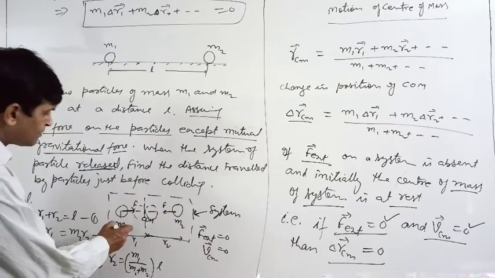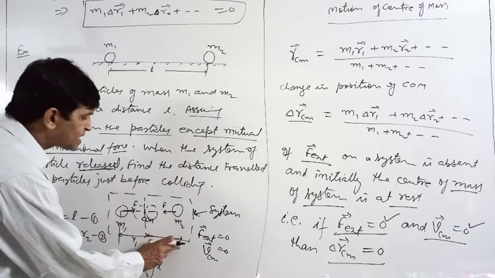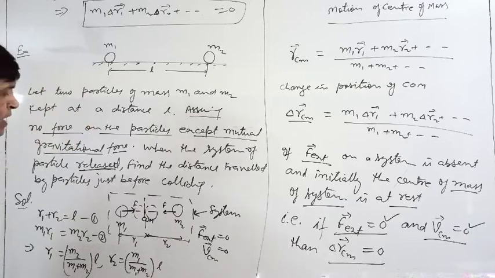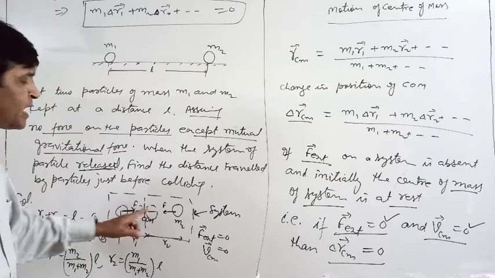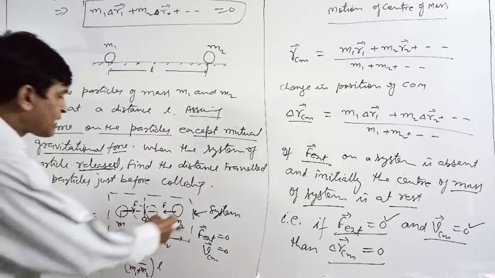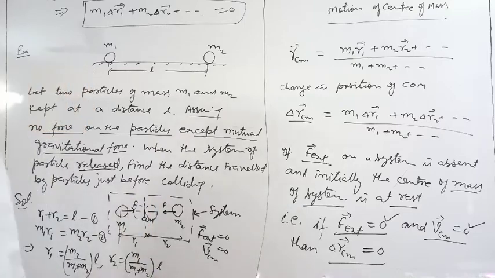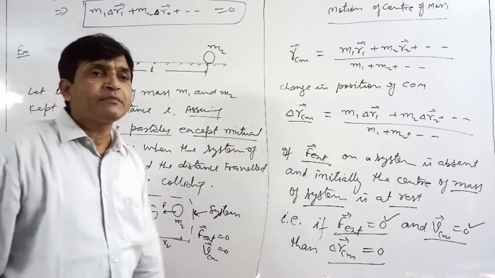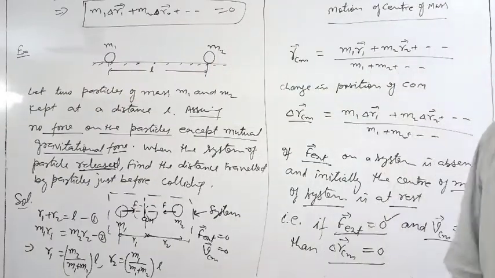It means that block M1 has traveled distance R1 and M2 has traveled distance R2 just before colliding, because the center of mass is not moving. So they are moving in such a manner that they are keeping the center of mass of the system at the same place. Okay? So note down this and see another example.